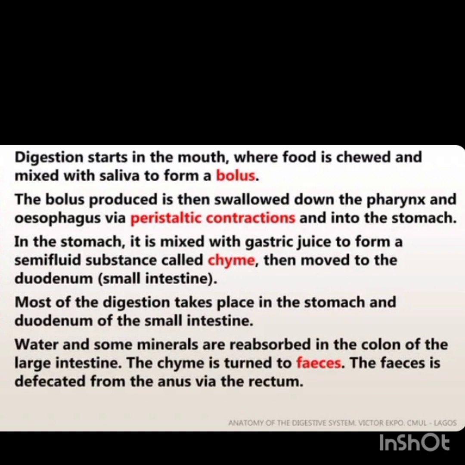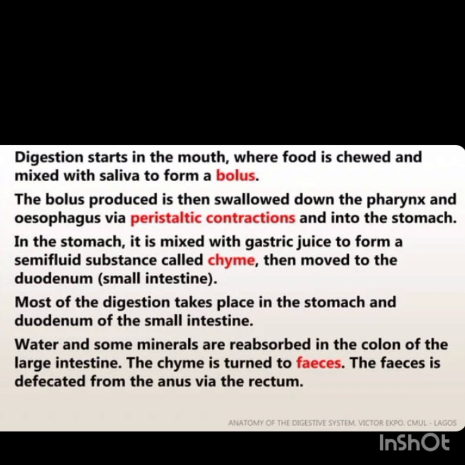So this bolus passes through the esophagus via peristaltic contractions and reaches the stomach. In the stomach it mixes with the gastric juices. You all know that our stomach has HCl, also called the gastric juice, which helps in the digestion process. Once it reaches the stomach and mixes with the gastric juice, it forms a semi-fluid substance called chyme.